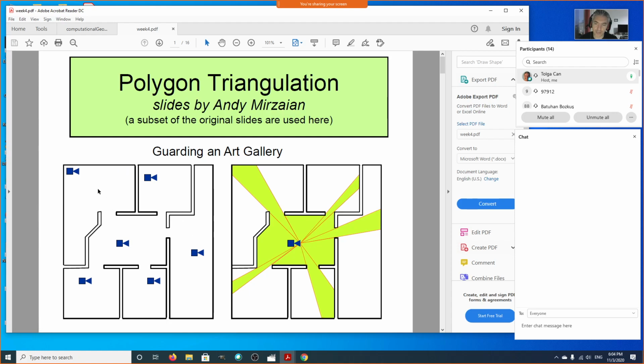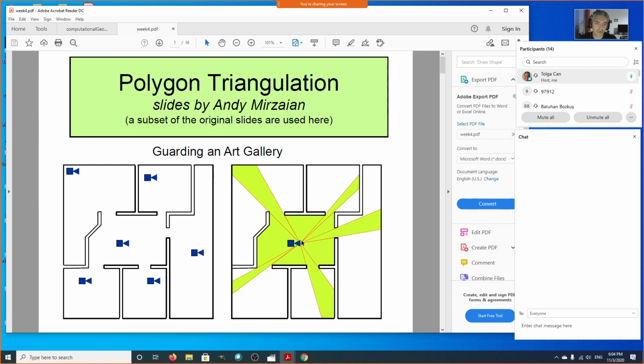And our goal will be to put cameras. So this is like the floor map of an art gallery. It will be given to us as a 2D polygon. And our goal will be to place cameras in the interior of this polygon such that the entire interior of the polygon is covered by the union of these cameras. And a camera will be able to see 360 degrees around itself.